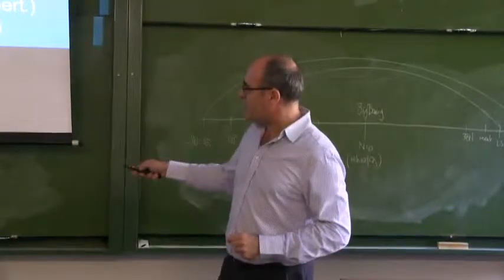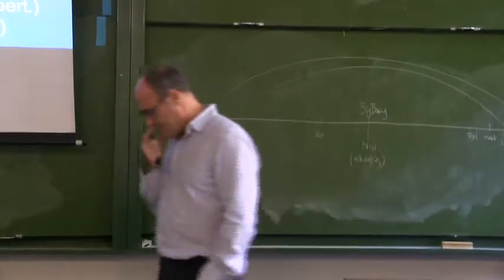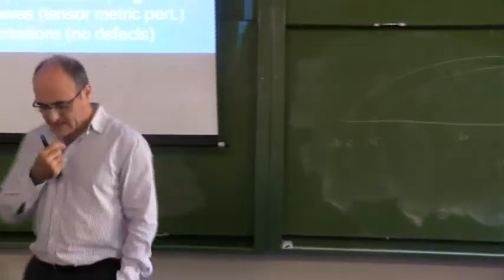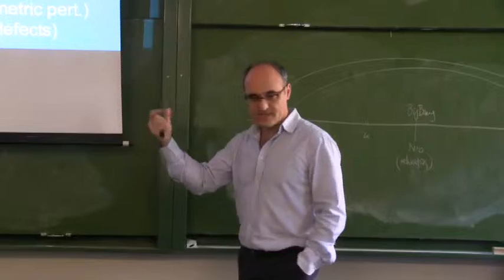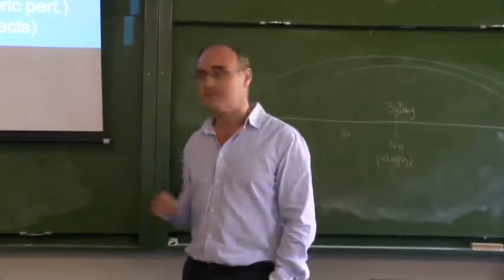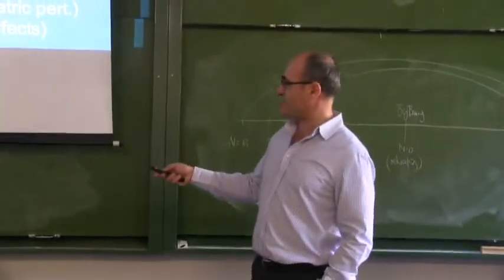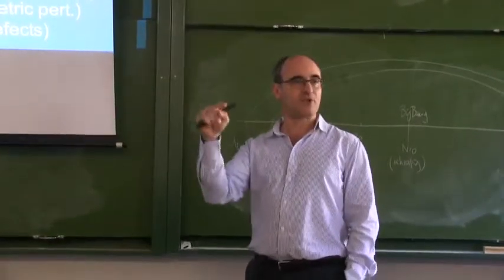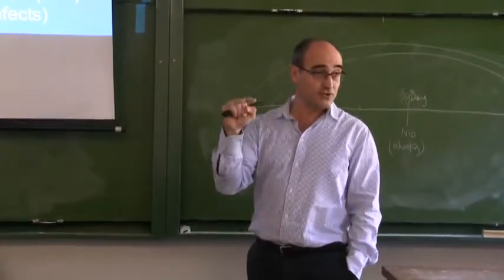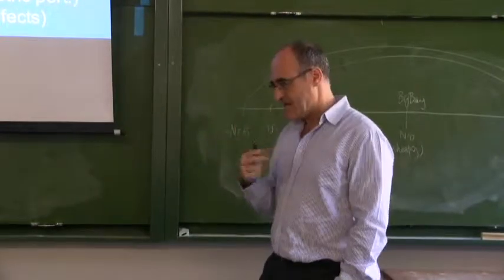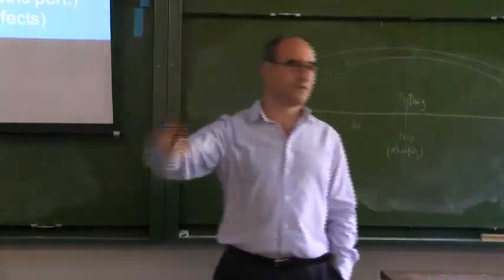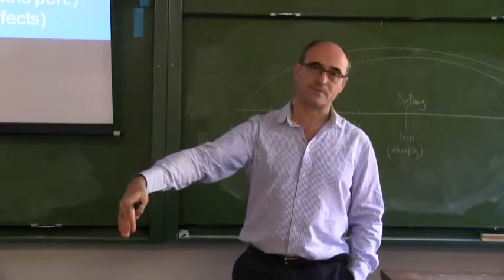And moreover, there are no vector perturbations. Vector perturbations arise in many models, among others in defect models of structure formation, which I won't go into in this lecture. But the prediction for inflation is that given that vector perturbations need to be sourced during inflation in order to be produced, and then later on re-enter, if you don't have a source, vector perturbations very quickly decay, 1 over the scale factor squared.